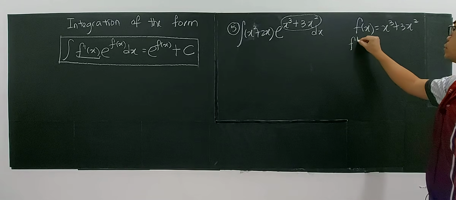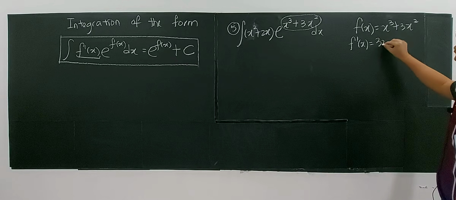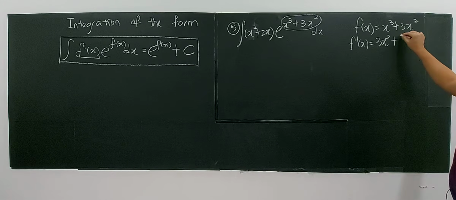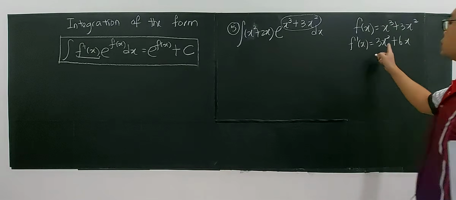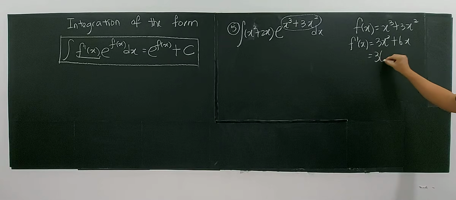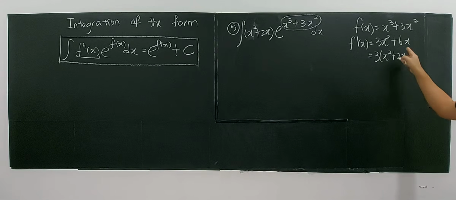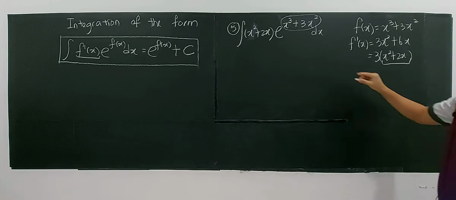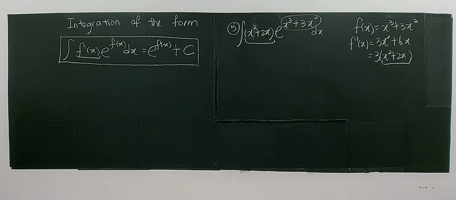So differentiate, I have 3x² plus 6x. Okay, this is not the same as this, but I can see that after I factorize the 3, 3x² and 6x, I have x² + 2x.